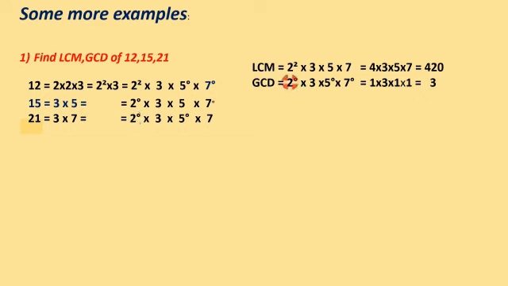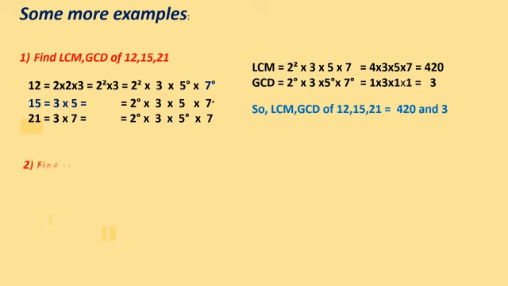Here in the first column it is 2 power 0, in the second column it is 3, in the third column it is 5 power 0, and in the fourth column it is 7 power 0. So only 3 is there. So the LCM and GCD of 12, 15, 21 are 420 and 3 respectively.